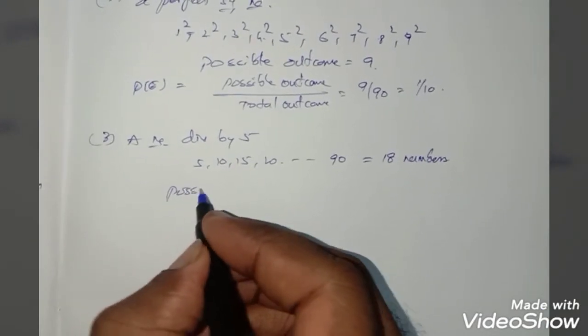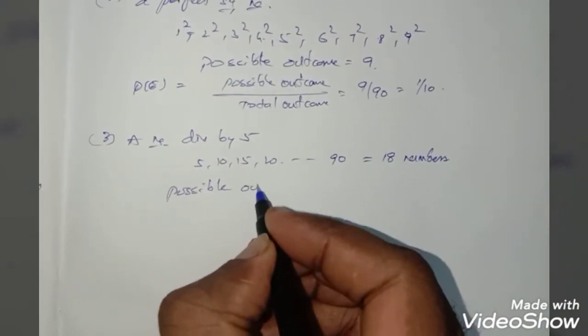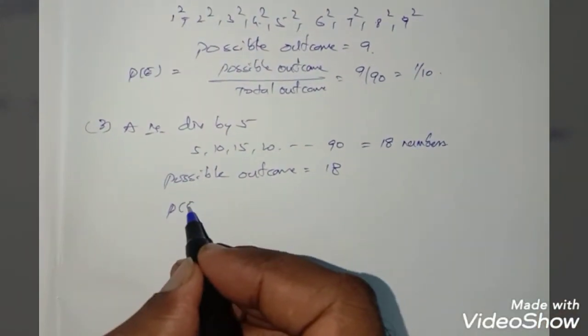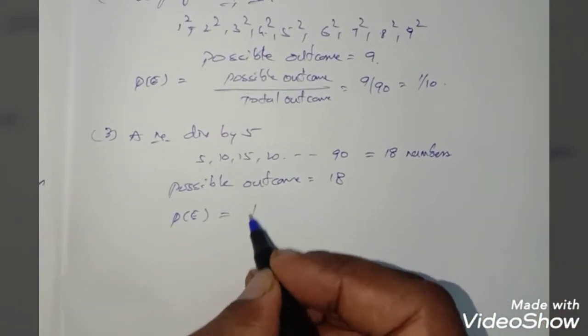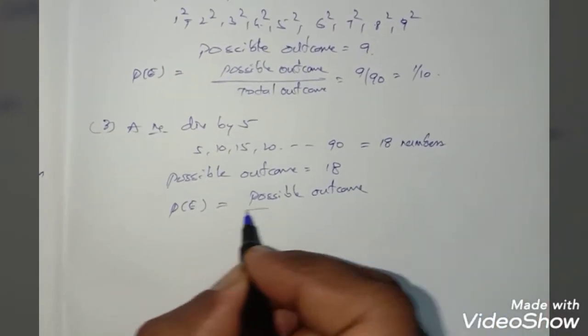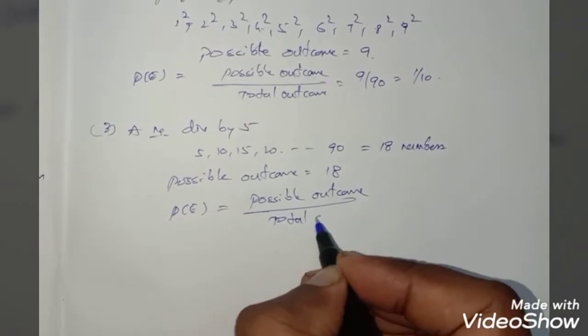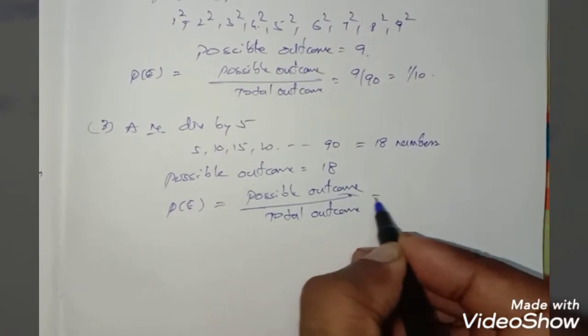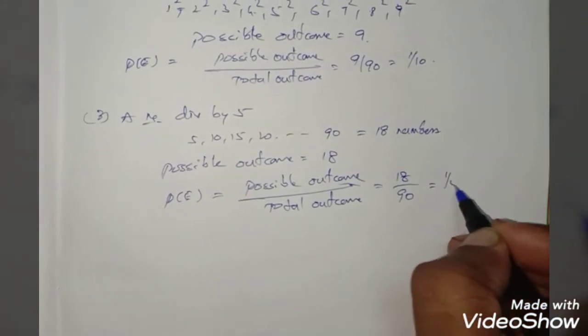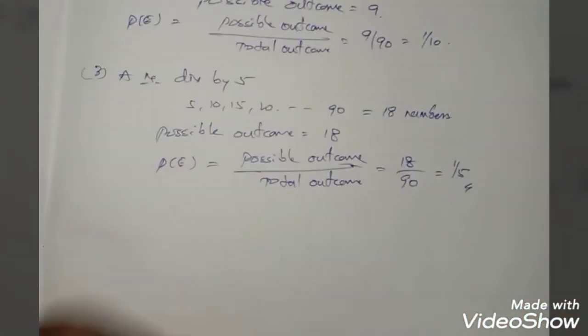Now here the possible outcome is equal to 18. So what is the probability of an event? The probability of an event is nothing but possible outcome divided by total outcome, that is 18 by 90. Now if I further cancel, you will get 1 by 5, right?